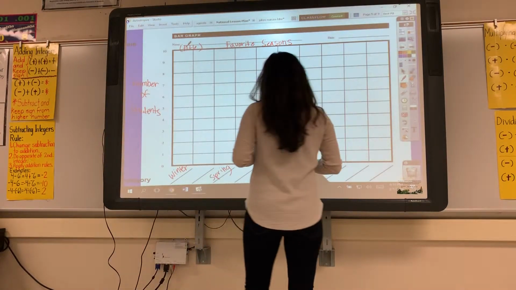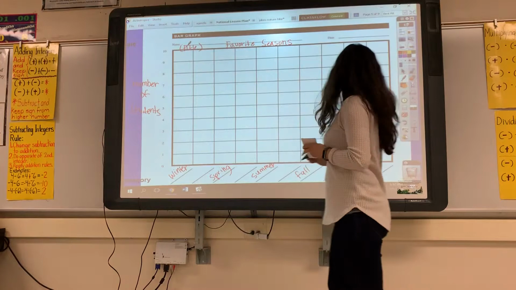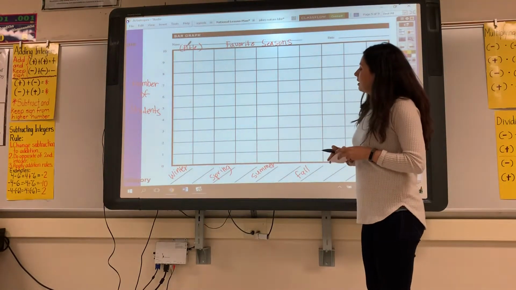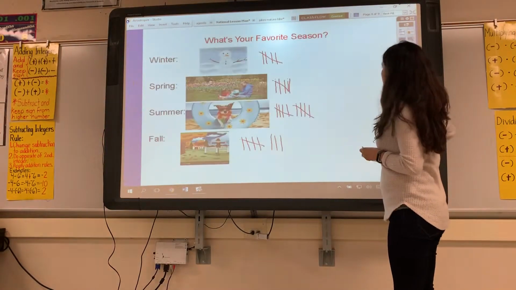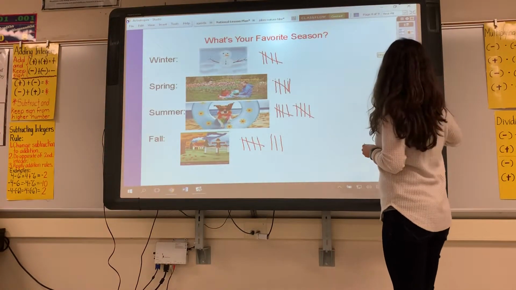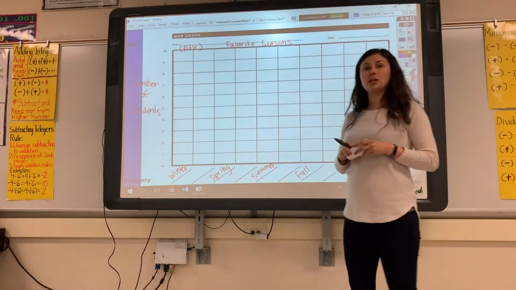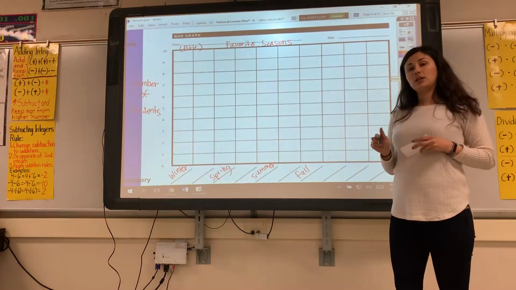Now we're going to collect our data for winter. How many kids' favorite season was winter? Let's go back to this page. Okay, 5, right? I want you to use the same colors as I am.